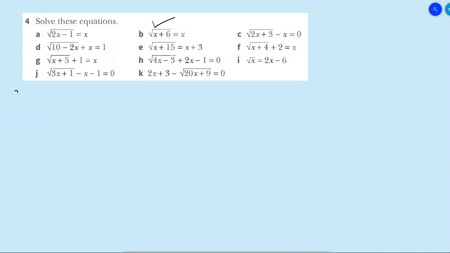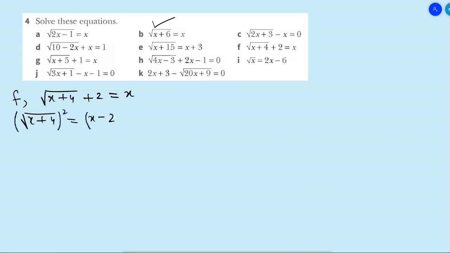Part F is √(x + 4) + 2 = x. This 2 becomes −2. Again the same process, taking square on both sides.